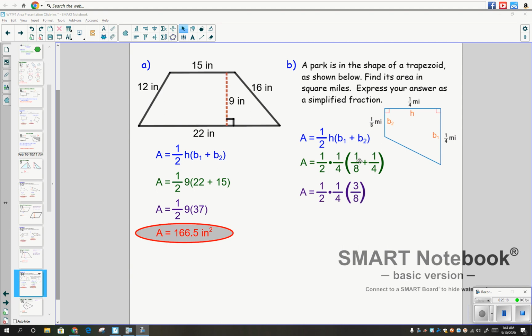Add the two bases together, 1/8 plus 1/4. If I get a common denominator, it's 1/8 plus 2/8, which is 3/8. So I have 1/2 times 1/4 times 3/8. It did ask me to put this as a simplified fraction. Multiply the numerators. 1 times 1 times 3 is 3. Multiply the denominators. 2 times 4 is 8, times 8 is 64. My area is 3/64 square miles.